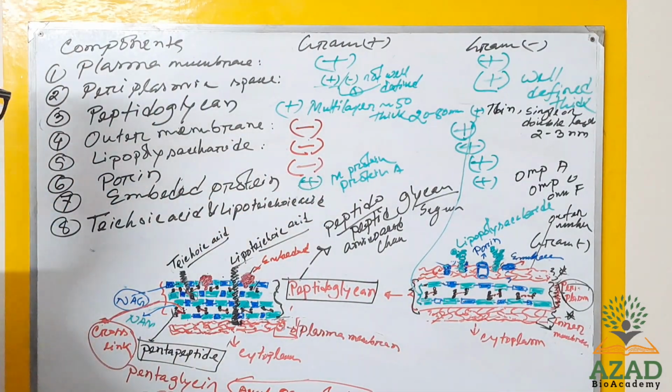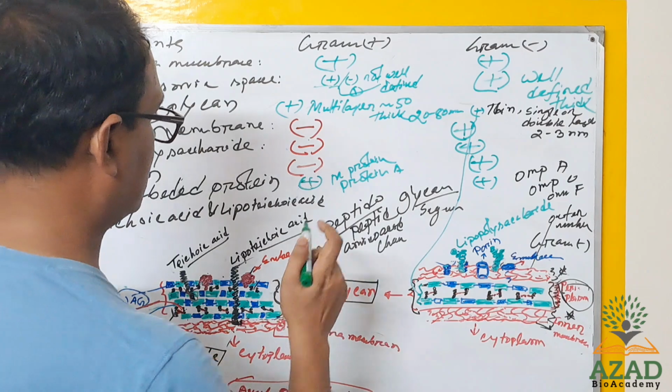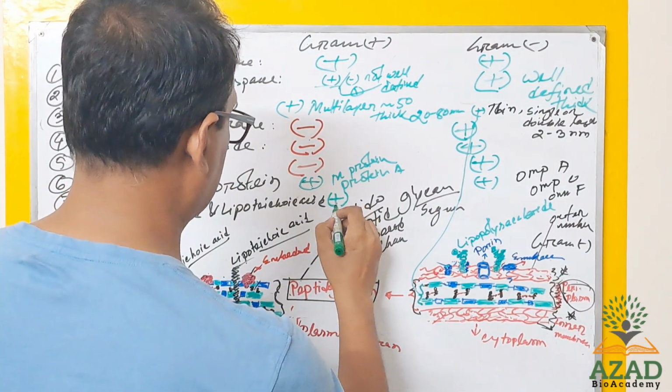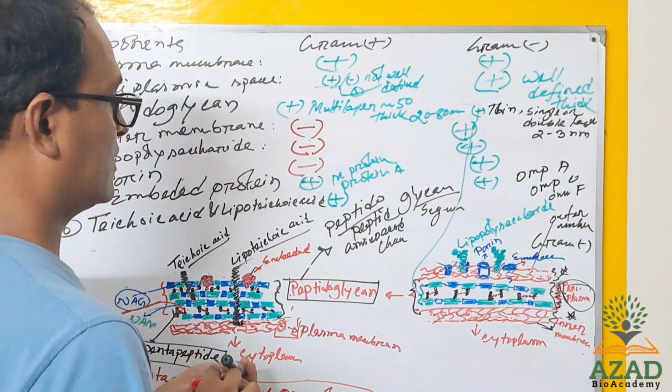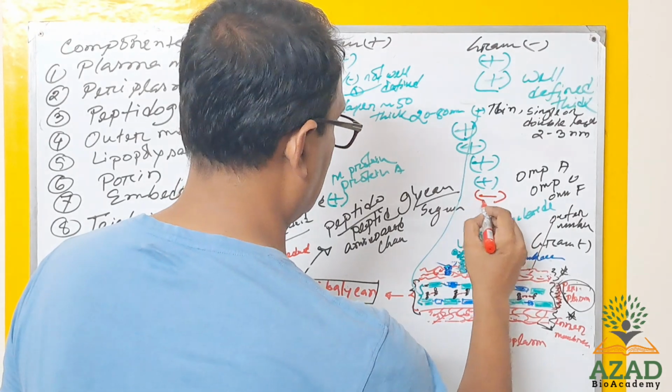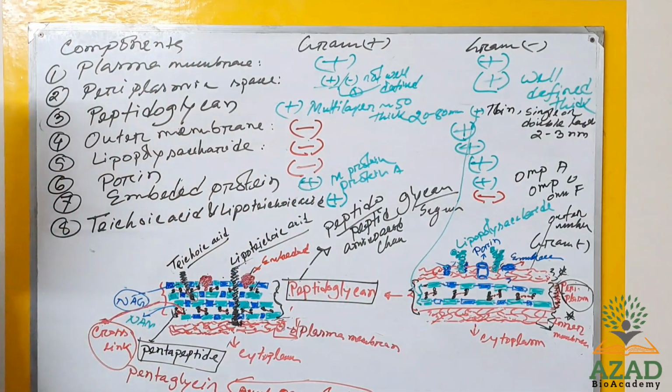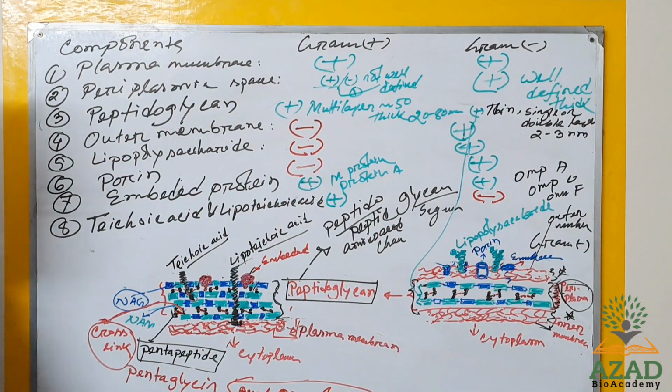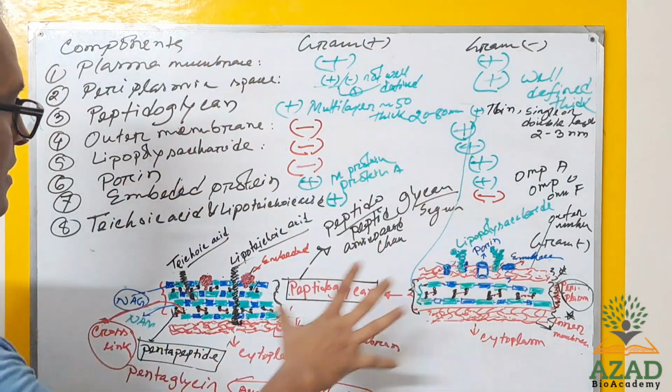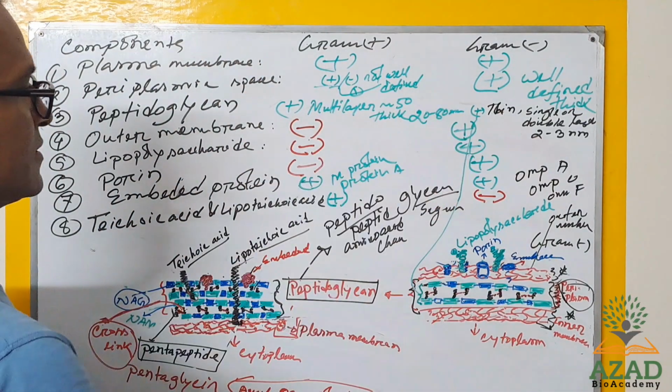So teichoic and lipoteichoic acid are present in gram-positive bacteria, but absent in gram-negative bacteria. Okay, so this is all about the basic difference between gram-positive and gram-negative bacteria.